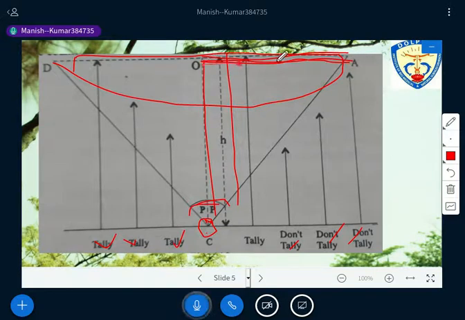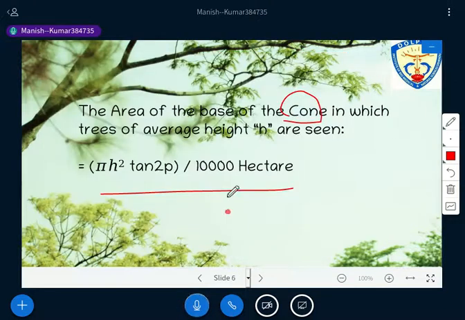And what will be the OA square? Obviously using this 90 degree perpendicular triangle, we are able to evaluate the value of OA also. Is it okay? And then we are able to get this formula, pi h square tan square p divided by 10,000 hectare.